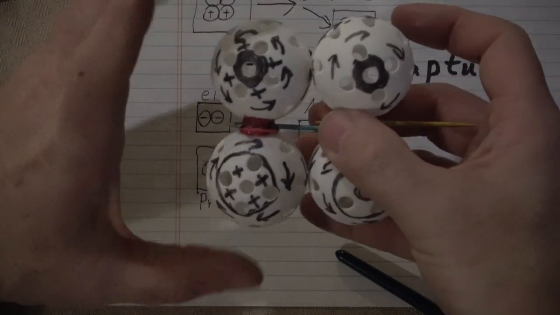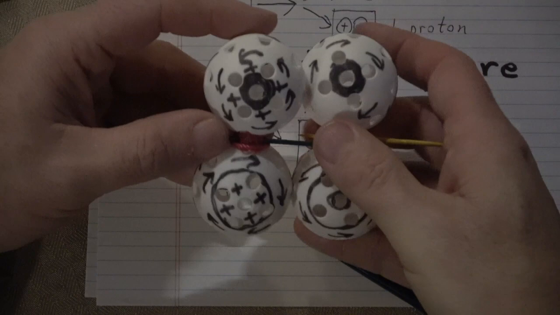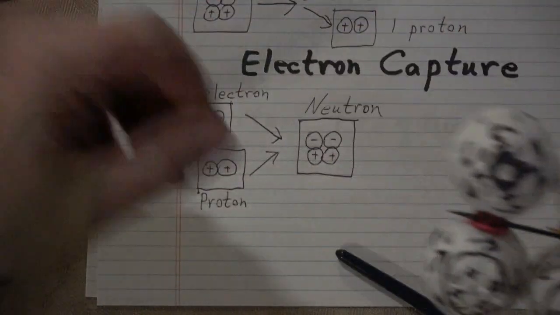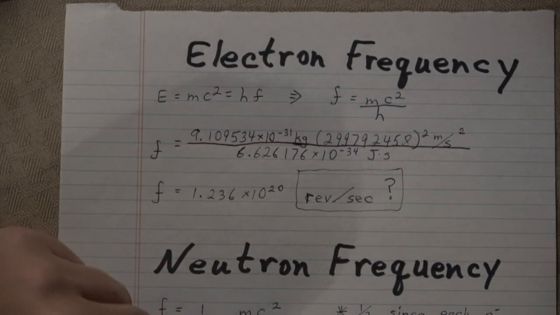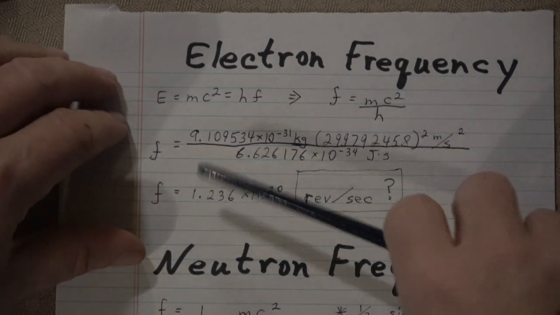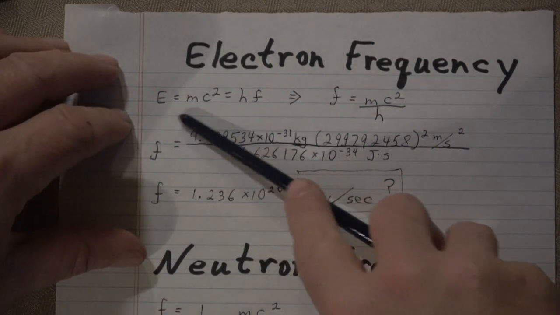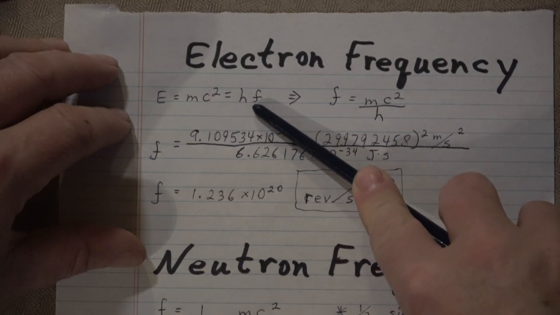The positron would look exactly like the proton, except it has a different energy state, and it also has a different vibrational frequency. If we're looking at the electron, we'd be looking at both the electron and the positron, because they both have the same mass. So E equals mc squared, and E also equals Planck's constant times frequency.